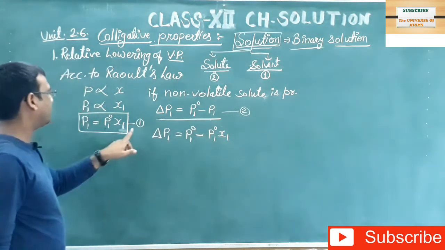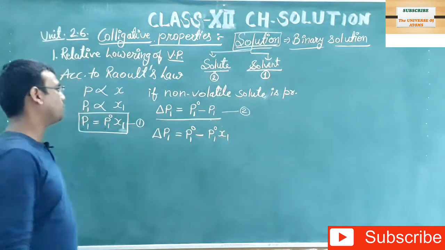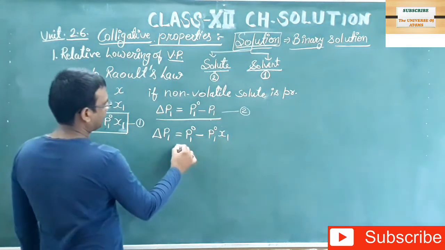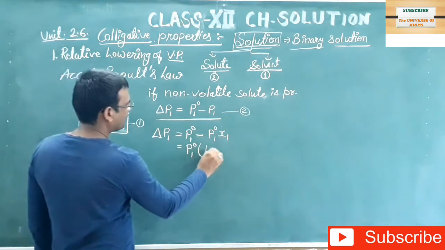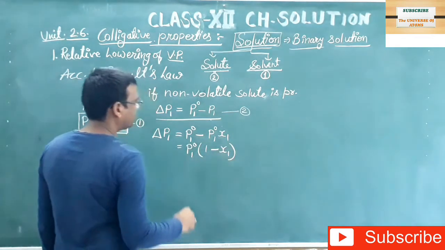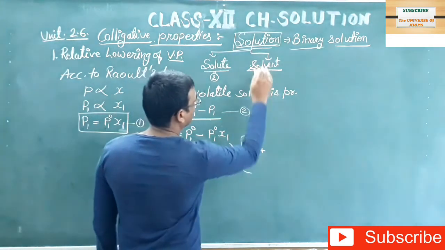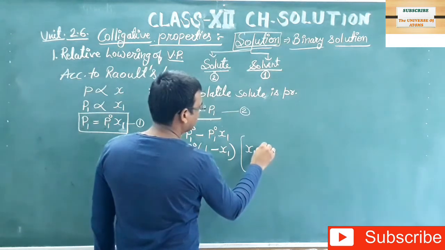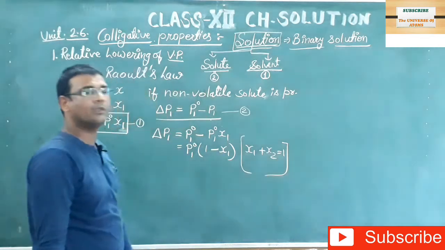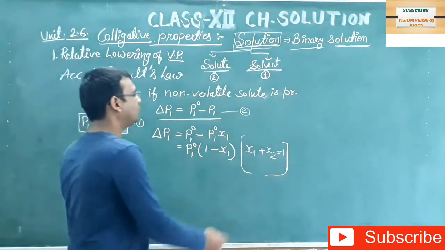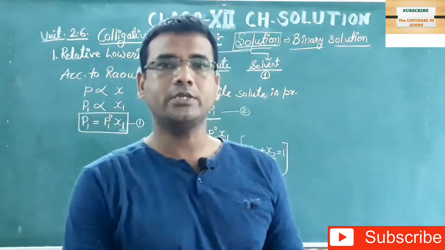Now here, if we take P1 naught common, then it is P1 naught times (1 minus x1). From our previous knowledge we know that for a binary solution, the sum of the mole fractions x1 and x2 is equal to 1, that is, unity.